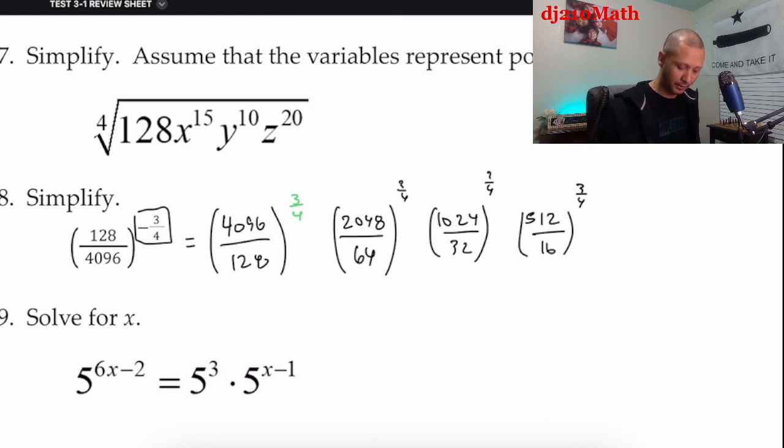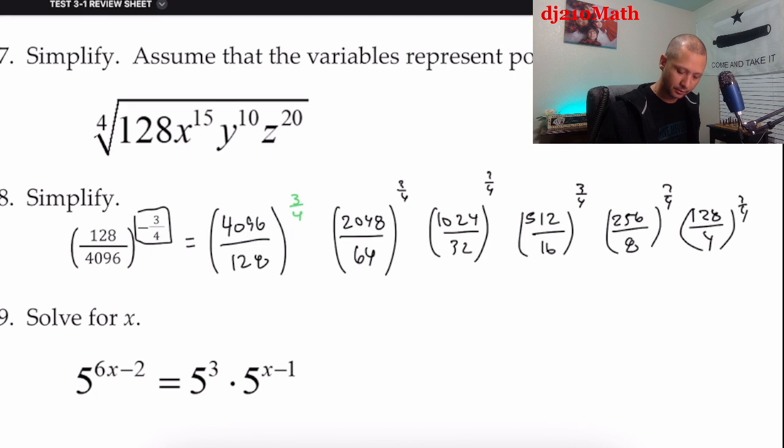So this is going to be 256 and 8. And this is going to be 128 and 4. 64 and 2. And then 32 over 1, which is basically just 32.